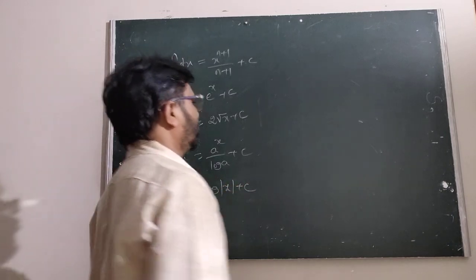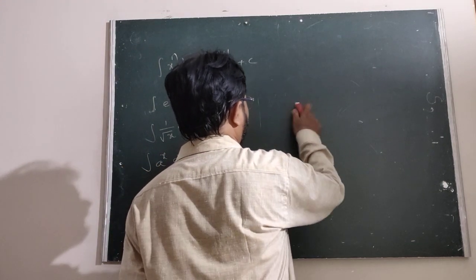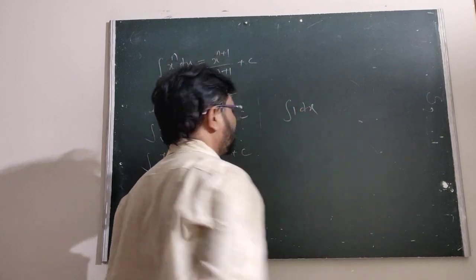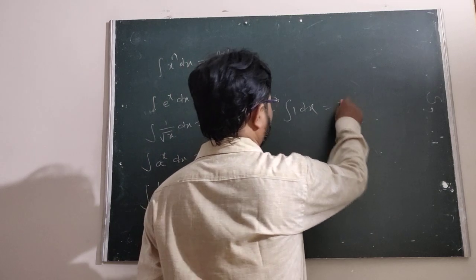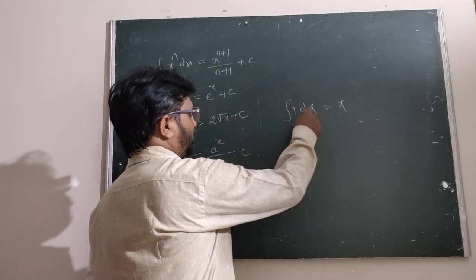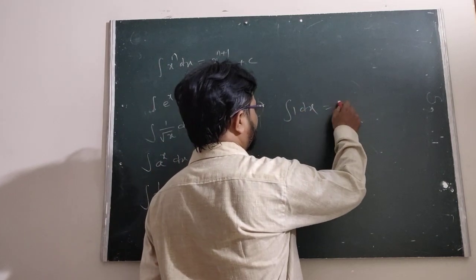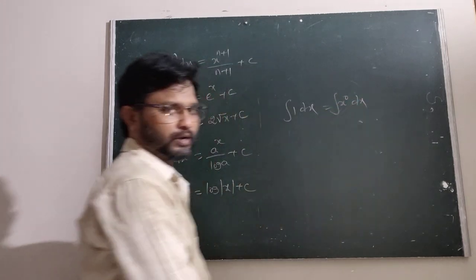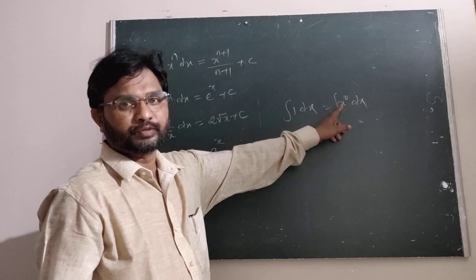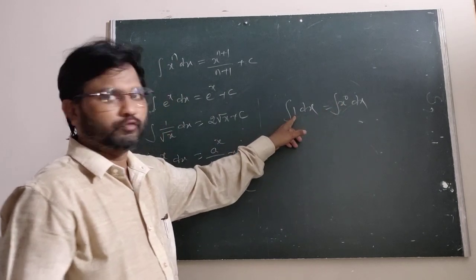Suppose we are taking integral of 1 dx. How to find this one? Is it clear? 1 dx it must be x. Since integral 1 dx is x power 0 dx. X power 0 is 1. Yes or no? The x power 0 is 1.